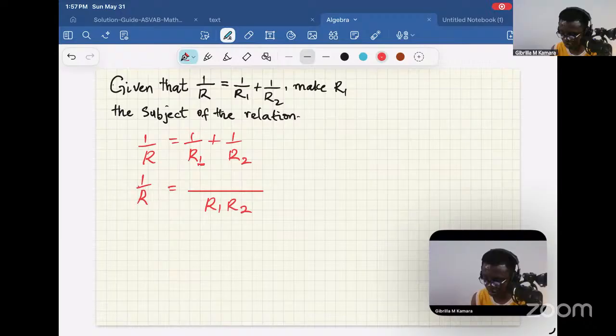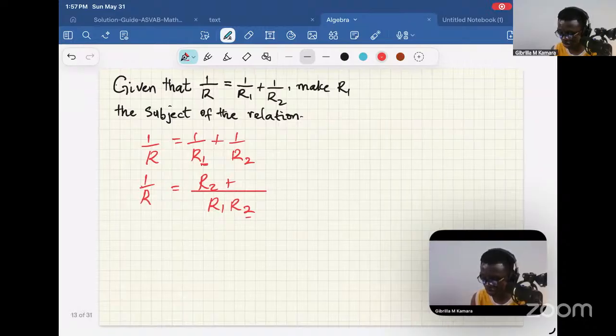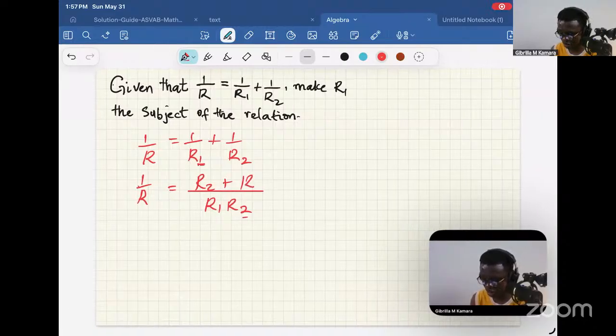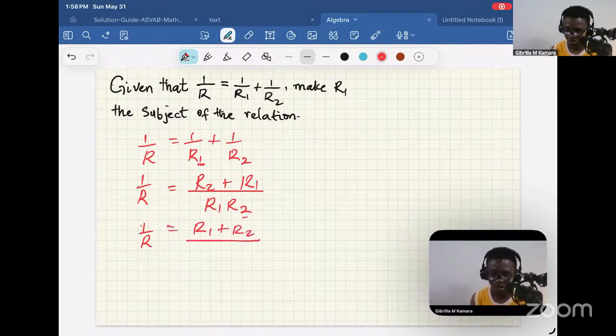So the LCM divided by r1 gives r2, r2 multiplied by 1 is r2, plus the LCM divided by r2 gives r1, r1 multiplied by 1 is r1. So this becomes 1 upon r equals r2 plus r1, which is the same as r1 plus r2, all divided by r1 r2.